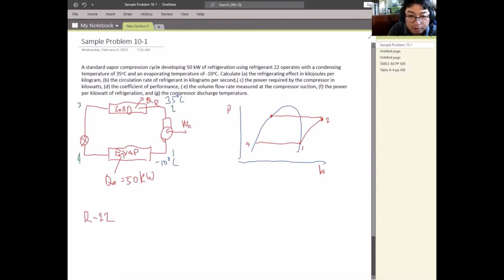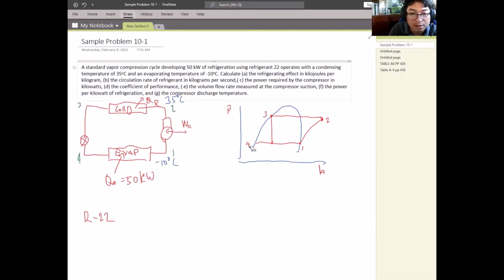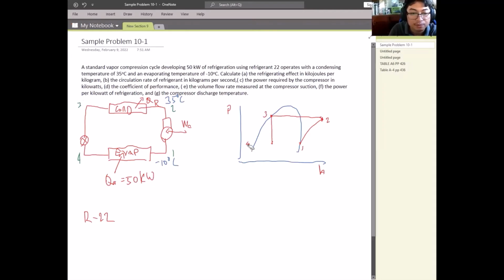And this is the expansion valve or the throttling process. All right, so this is our pH diagram.